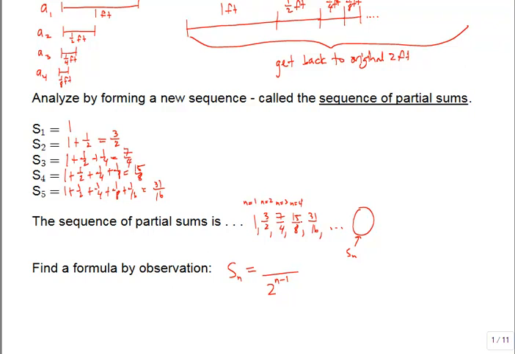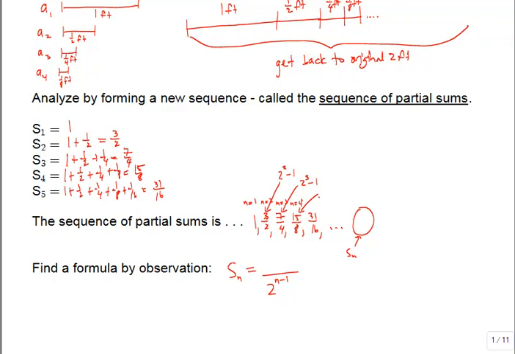Now on top, we want to notice that these numerators are close to powers of 2, but they're off by 1, because 4, which is 2 squared, minus 1 would give you 3. So this number right here is 2 squared minus 1. This number is close to 8, which is 2 cubed minus 1.